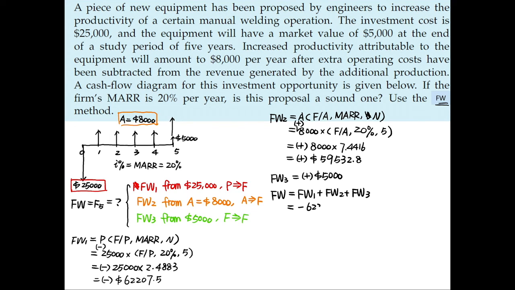So negative 62,207.5 plus 59,532.8 plus 5,000. The final answer is $2,325.3. And if you compare that with 0, it is bigger than 0. So we say we want to accept the proposal.